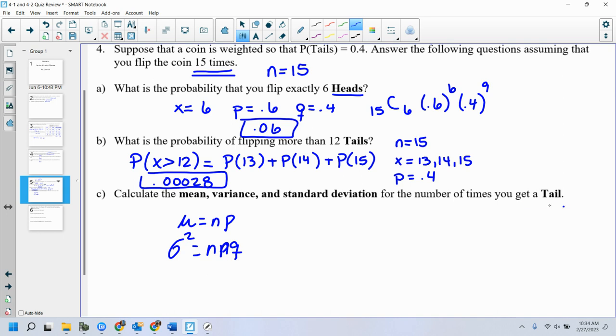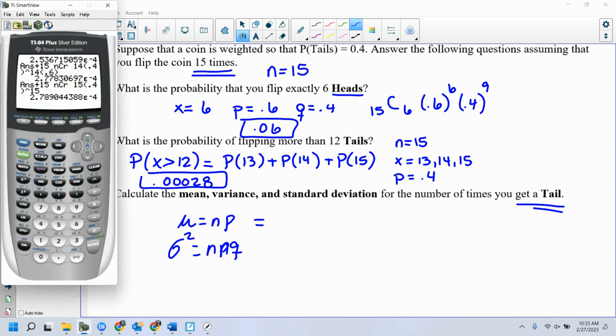Now, pay attention to getting a tail. That means my p is 0.4. So my mean is 15 times 0.4, my expected value, 6.